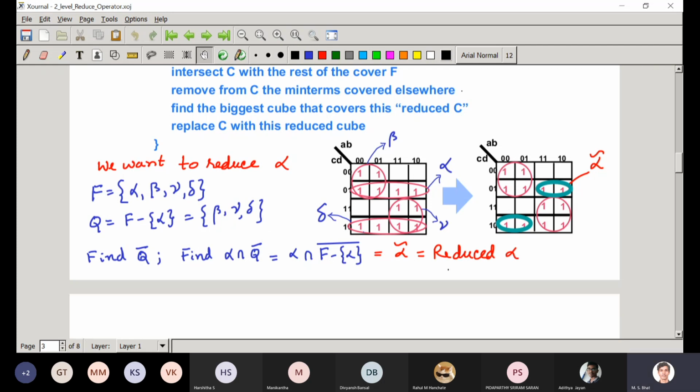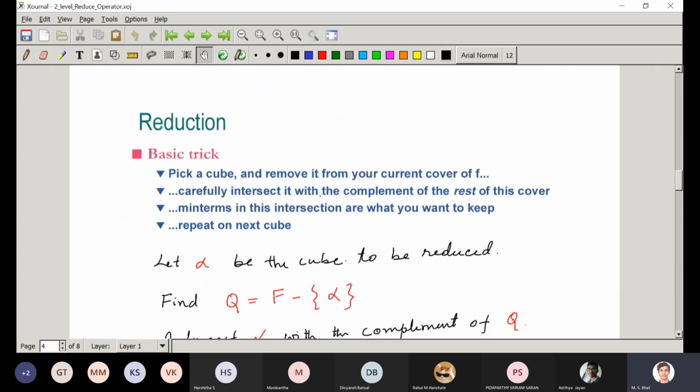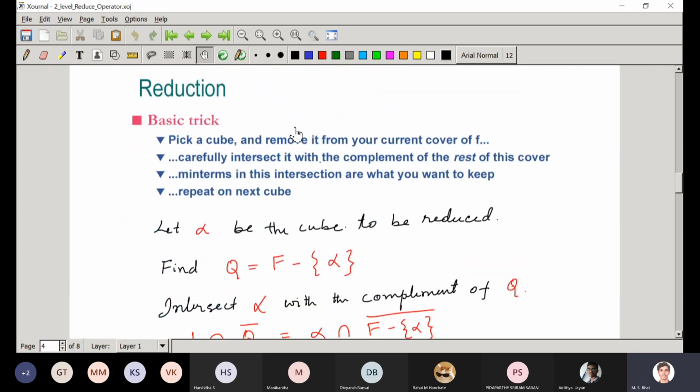That gives you reduced delta, similar to alpha. So the basic trick is: pick a cube and remove it from your current cover of F. Carefully intersect it with the complement of the rest of the cover. Minterms in this intersection are what you want to keep. Repeat on the next cube.